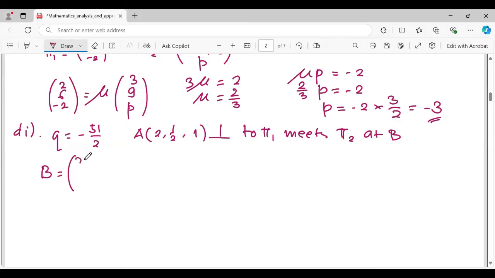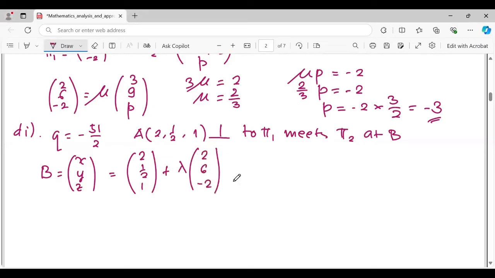If B equals (x, y, z), so it equals (2, half, 1) plus lambda times (2, 6, minus 2). So it is 2 plus 2 lambda, then half plus 6 lambda, and then 1 minus 2 lambda.